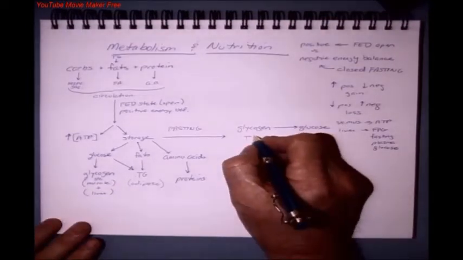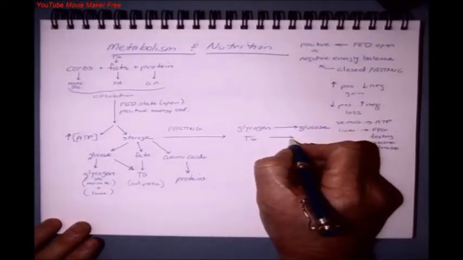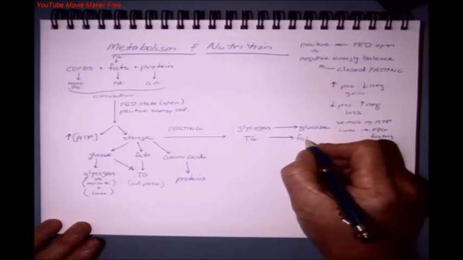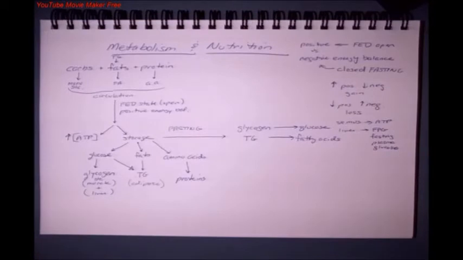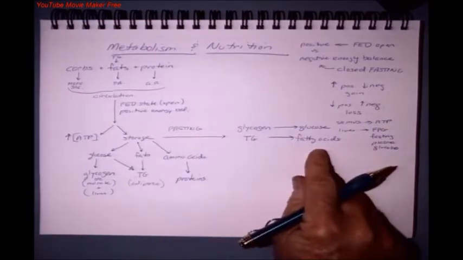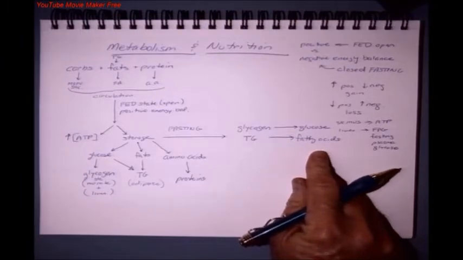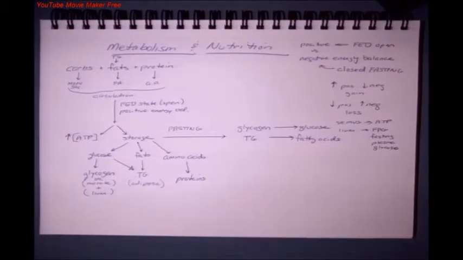What about triglycerides? These are going to be released as fatty acids. And then tissues are going to take up the fatty acids and oxidize those to generate ATP. The shift from glycogen to fatty acid usage can be rather severe.